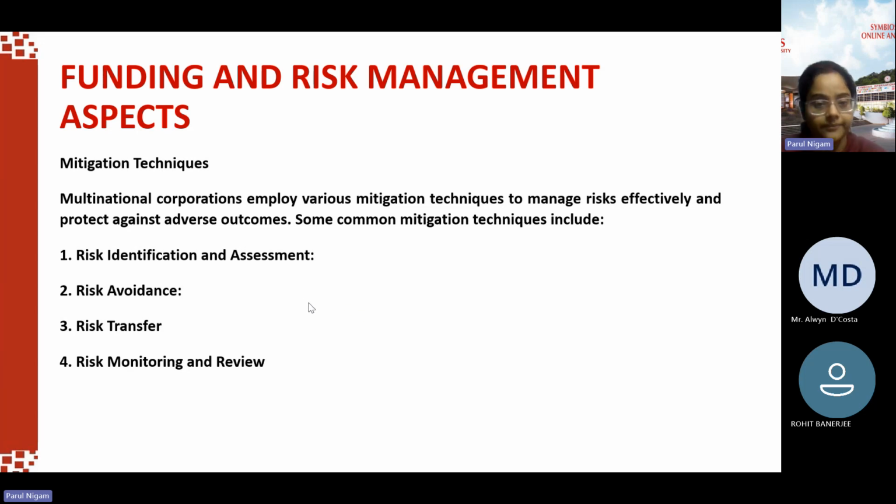Like we have hedging, derivatives, swaps, and options. You can have diversification of funding sources also. We have political risk insurance and regulatory compliance also, which you need to follow. Then we have strong liquidity and credit risk management also.